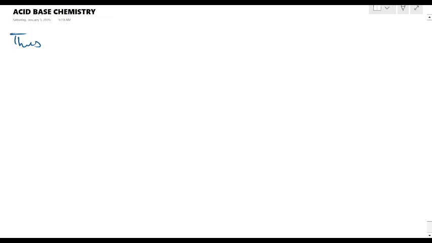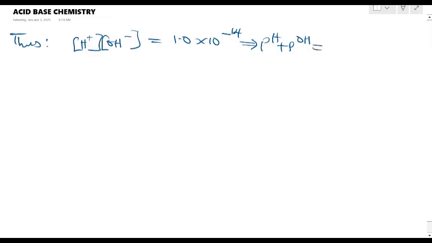Thus, we have hydrogen ion concentration times hydroxide ion concentration, which we have established equals 1.0 times 10 raised to power minus 14, and that shows what? Your equilibrium constant. All of this also simply means pH plus pOH is equal to 14.